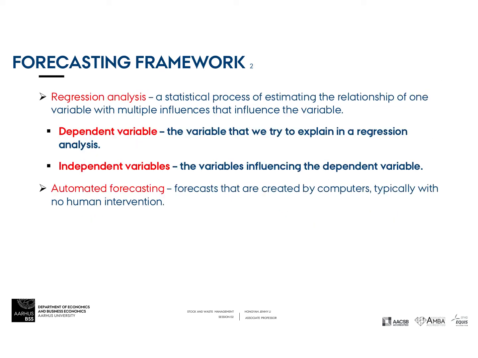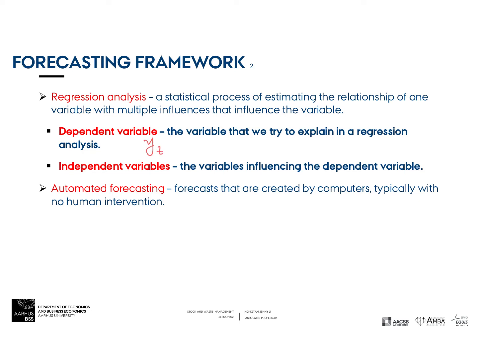Apart from time series analysis, there is also regression analysis. A regression method is a statistical method. Regression analysis is a statistical process of estimating the relation of one variable with multiple variables that influence it. In that case, we need dependent variables, the variable that we try to explain in a regression analysis, for example y, or probably y_t.